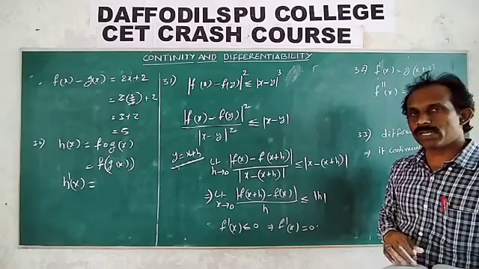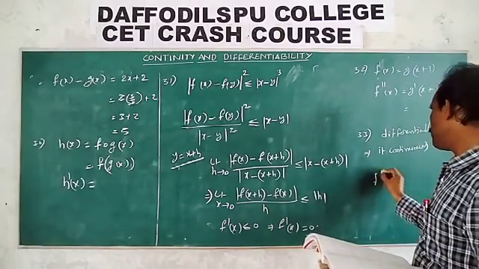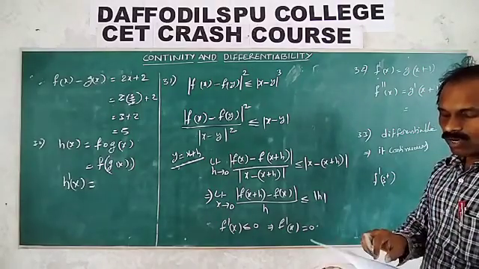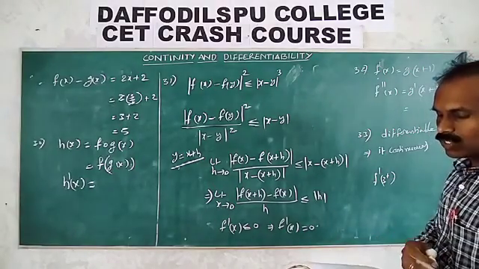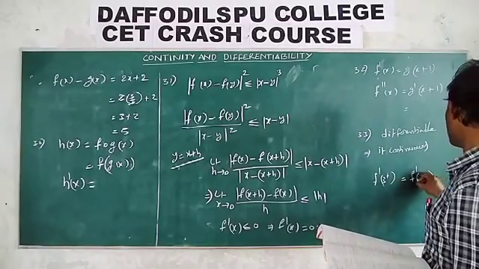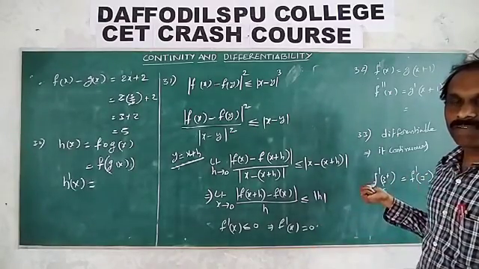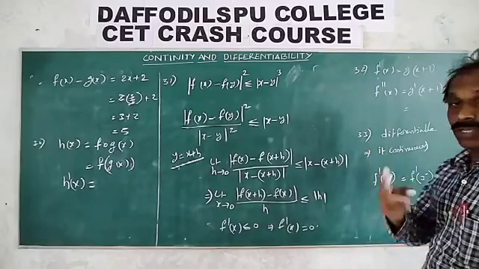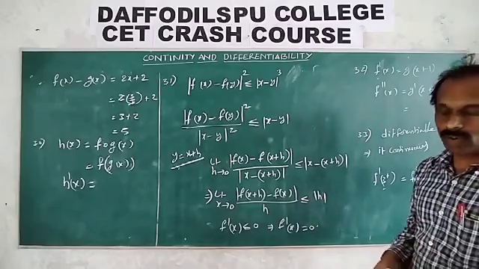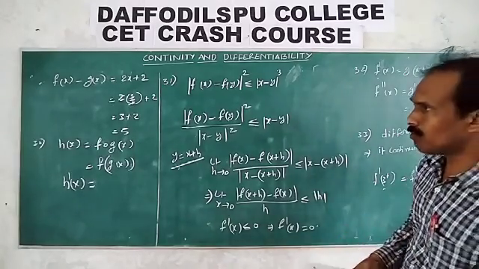So equate both: f dash 3 plus and f dash 3 minus, both equate. In place of x substitute 3 and we will get two equations, solve them, and the k value and m value we will get, and we find the k plus m value.